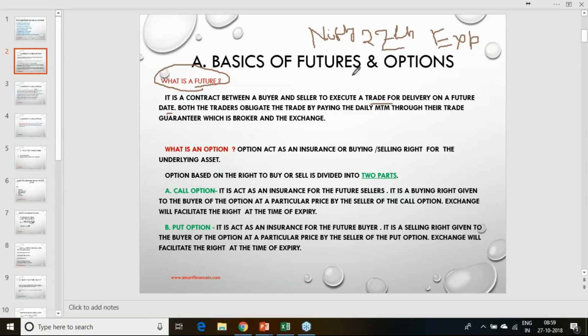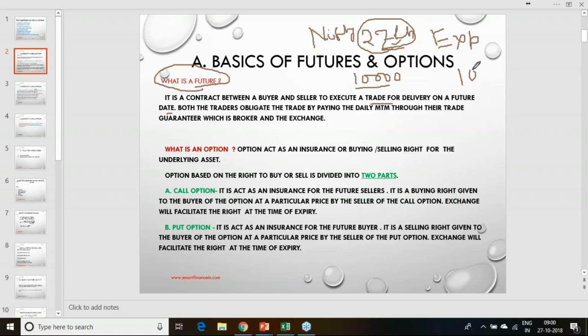Suppose you are buying a Nifty future at 10,000 for the November expiry, falling on the 27th of November. On the 27th of November, the person who has sold you Nifty at 10,000 has to deliver it to you at 10,000.